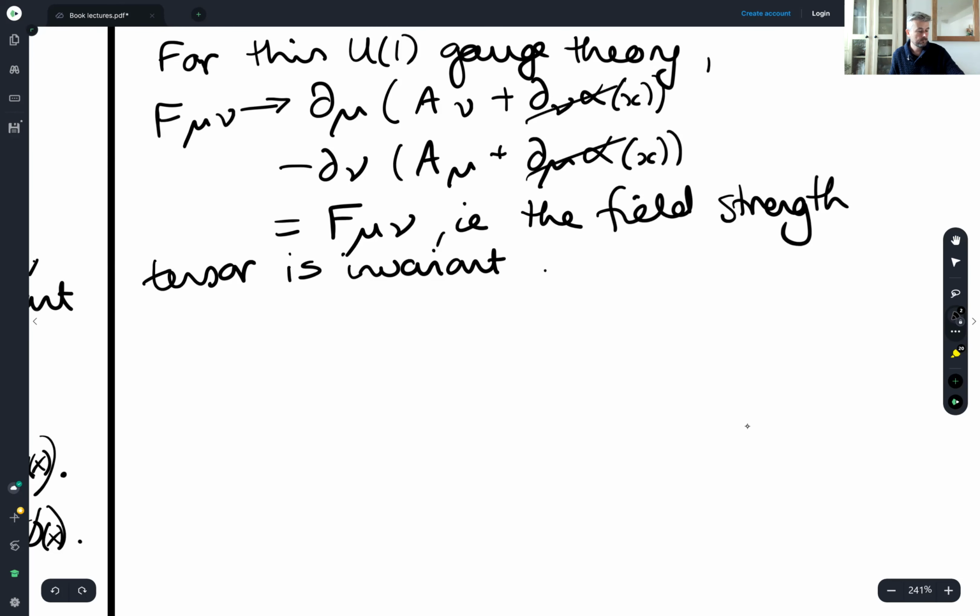Under the U(1). So we're ready to construct our full U(1) gauge invariant Lagrangian now.